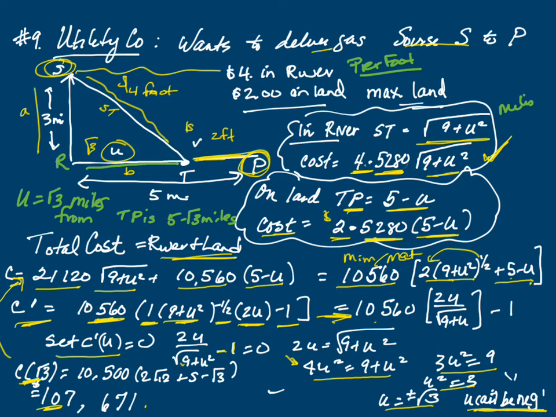So how you want to say that is you would start the bridge square root of 3 miles from R. Or if you want to talk about how long TP is, it's 5 minus the square root of 3. And the minimal cost will be $107,671.